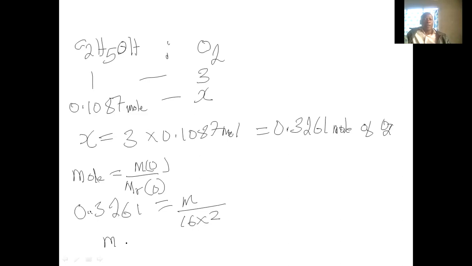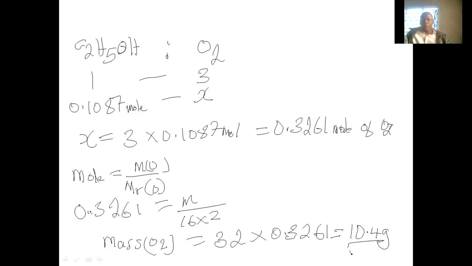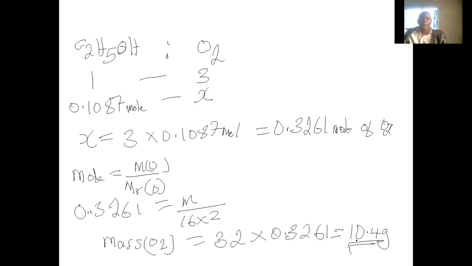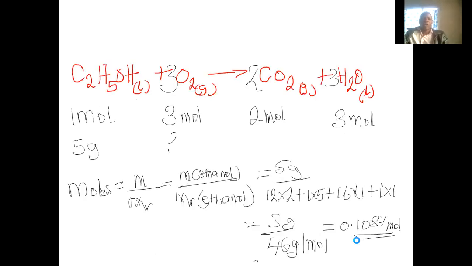This gives us the mass of oxygen as 32 multiplied by 0.3261, which gives us 10.4 grams. So we have calculated the mass of oxygen.